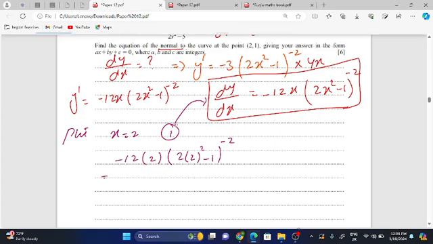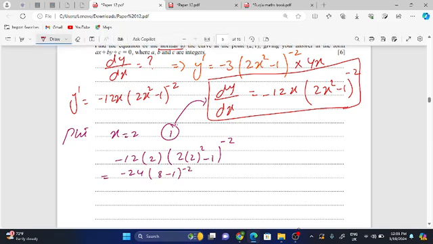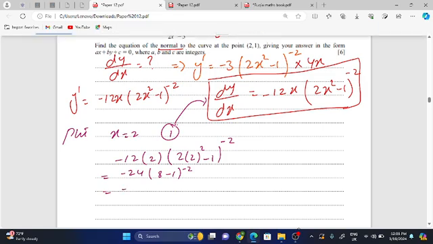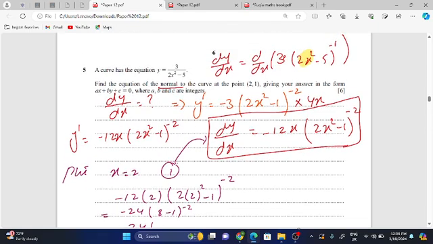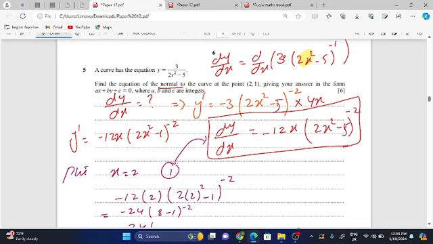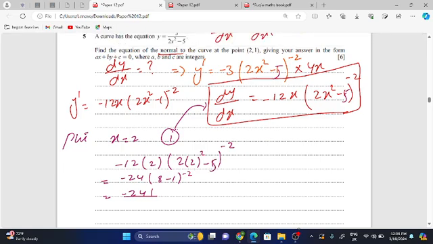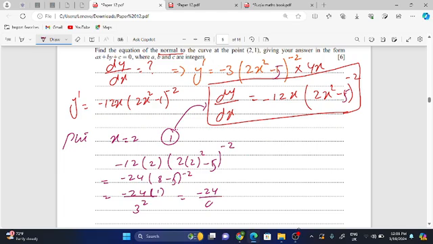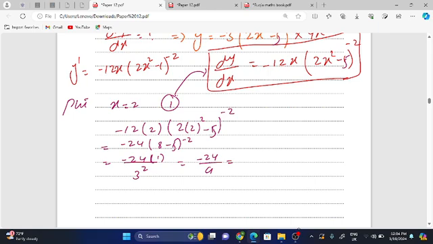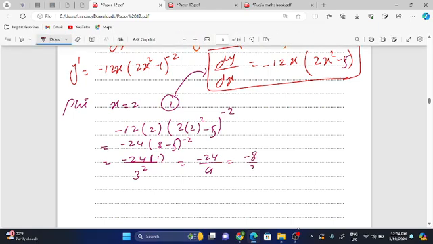That reduces to minus 24 times (2 times 4 is 8, minus 5 is 3) to the power of minus 2, so 3 squared. That can be written as minus 24 over 9, which further simplifies to minus 8 over 3.